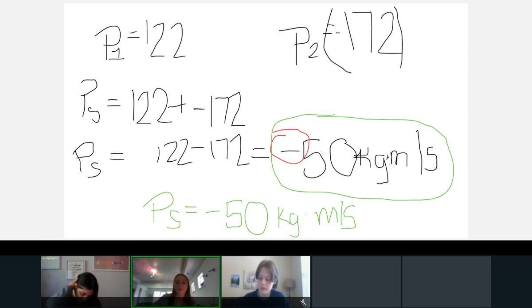Yeah, I think so. Good. So remember that the momentum is going to be the same before and after. It's just the objects that are going to change that momentum. Okay. All right. Any questions before we move into the next one? Great.